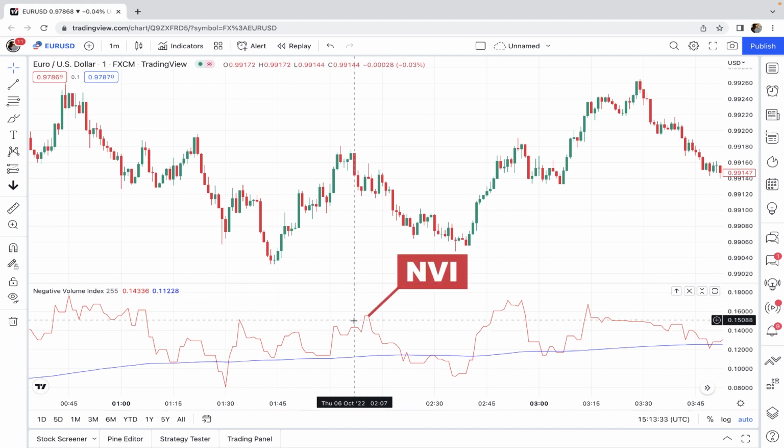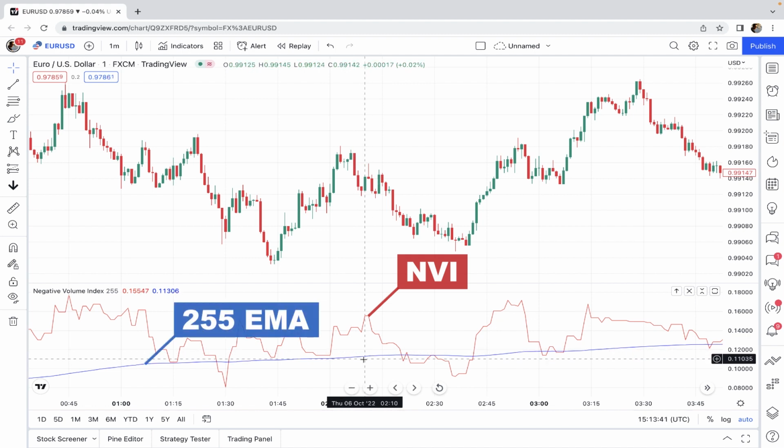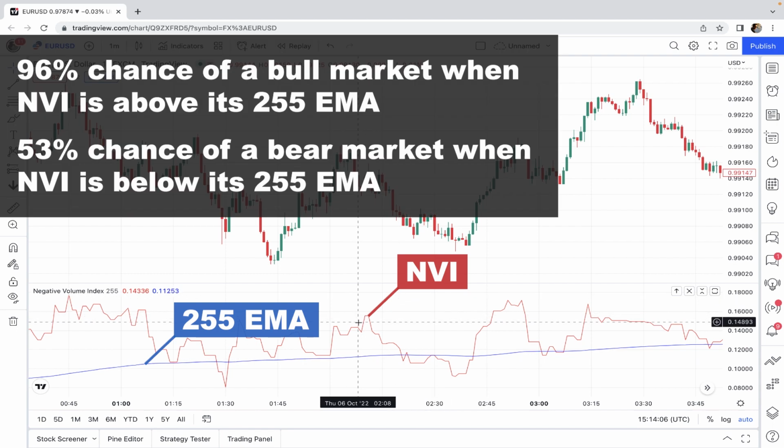Here the red line is the NVI line, negative volume index line, and the blue line is a 255 period exponential moving average. Based on the research of Norman Fosback, who created this indicator, there is a 96% chance of a bull market when NVI is above its 255 EMA, but on the other hand, there is only a 53% chance of a bear market when NVI is below its 255 EMA.